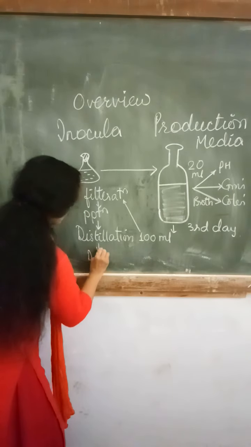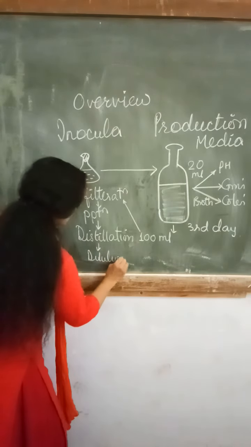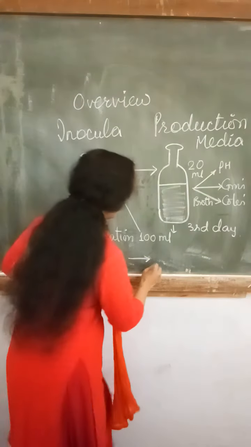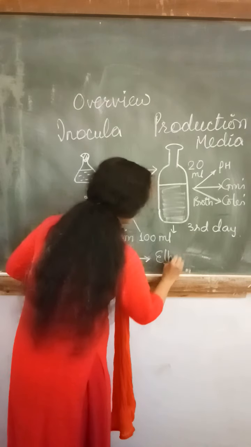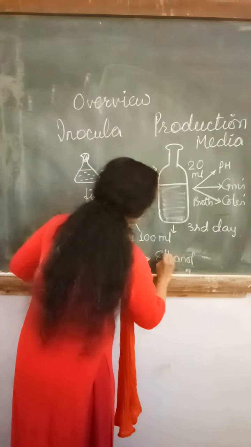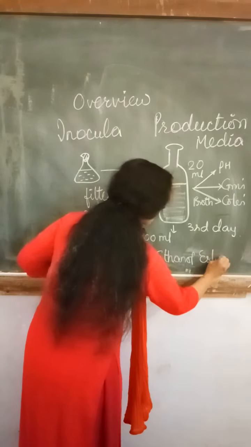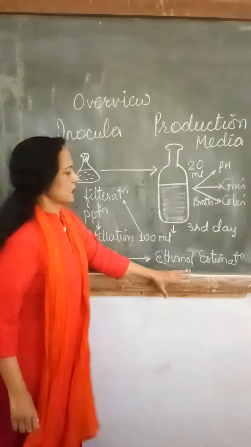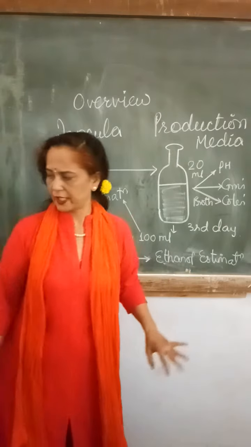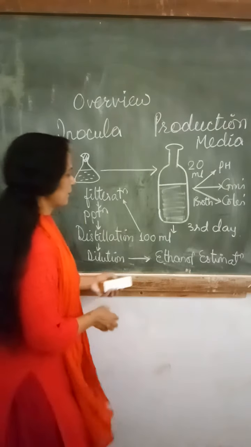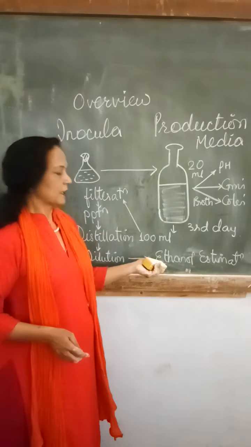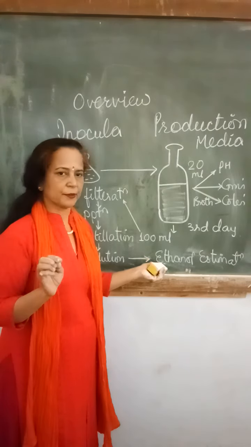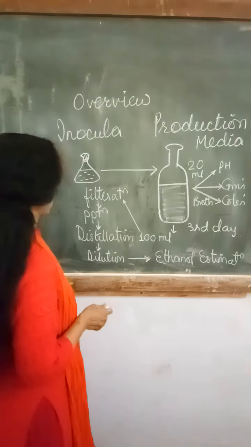And after dilution, we will go for alcohol or ethanol estimation. Whenever ethanol estimation is done, we will have one graph which will tell us the quantity of ethanol produced in our production medium.